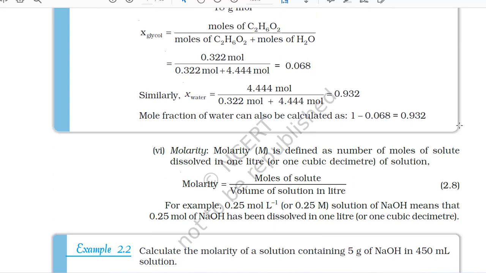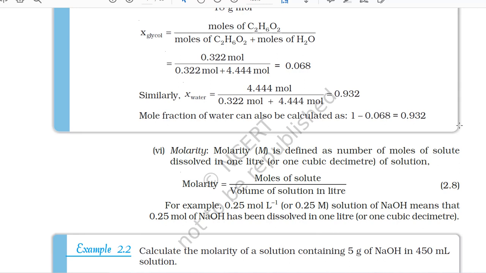Similarly, mole fraction of water equals 4.444 mole upon 0.322 mole plus 4.444 mole, which is 0.932. Mole fraction of water can also be calculated as 1 minus 0.068, which is 0.932.